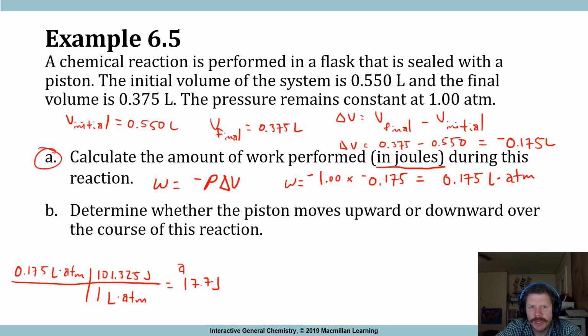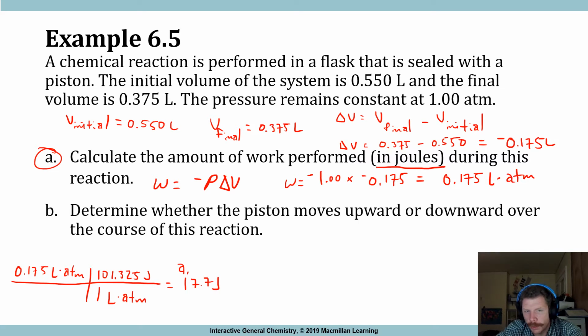Now part B reads, determine whether the piston moves upward or downward over the course of this reaction. The sign of our answer is positive, so the surroundings do work on the system.